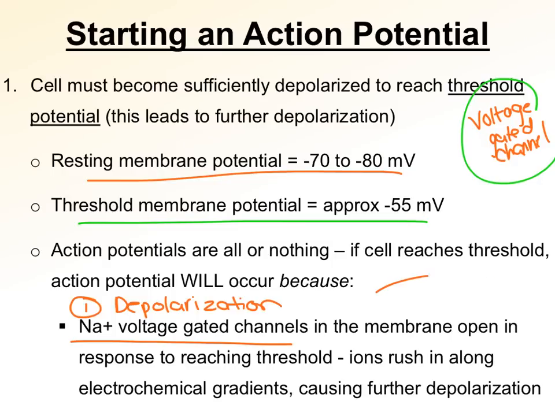Remember, you have a sodium-potassium pump pumping 3 sodium out for every 2 potassium that comes in. If a voltage-gated channel specific to sodium opens, all of this sodium can rush back in, that positive charge rushes in, and you have depolarization as the inside of the cell becomes more positive.